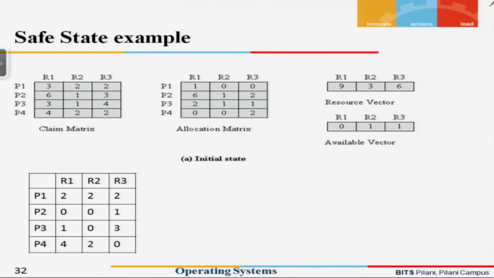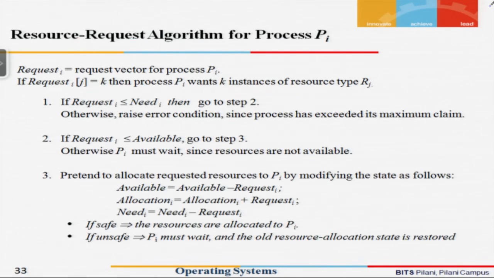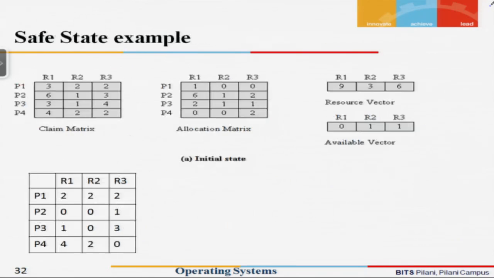Now what we need to do is find out if we have a safe sequence, or if the system is in a safe state. The very first thing which needs to be known is whether the system is in a safe state or not. So let us see what we have.